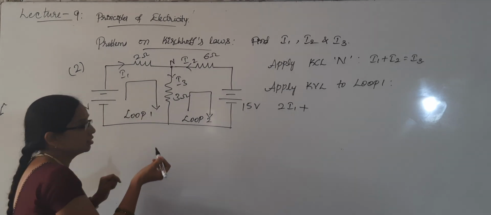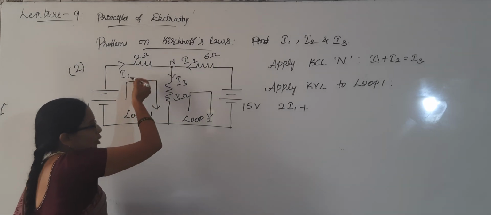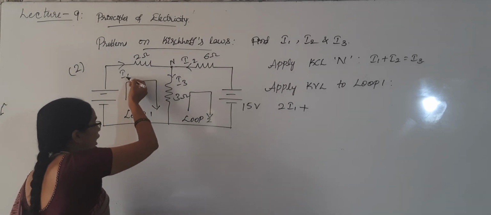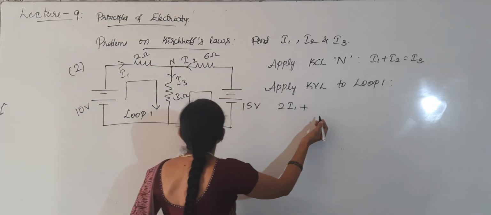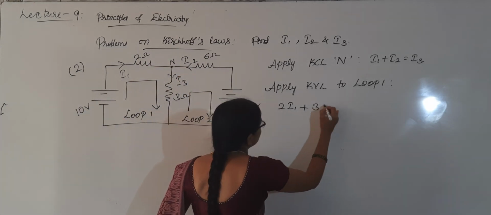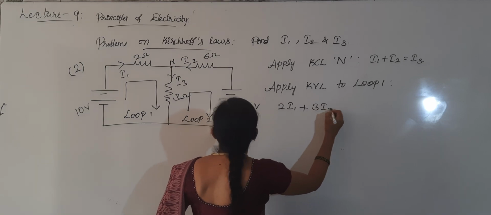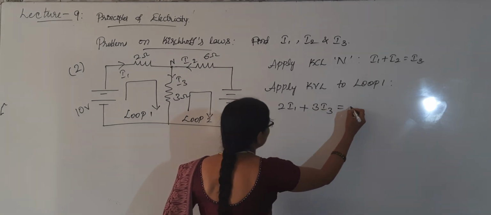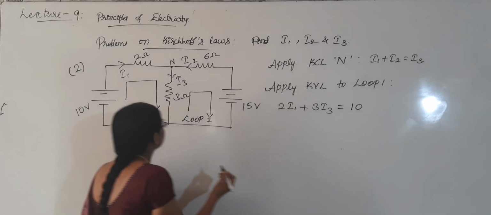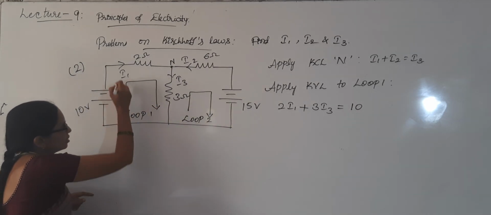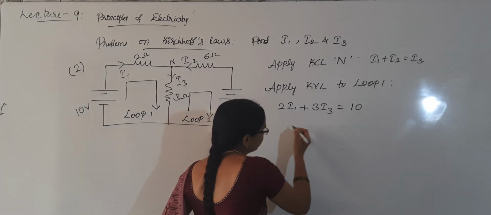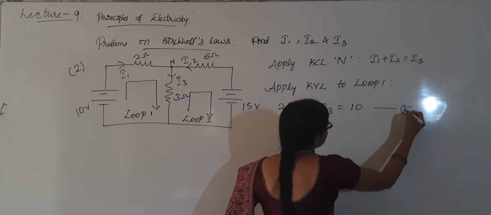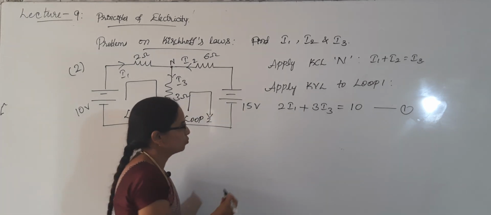You just go through the IR drops. R is 2 ohm, I1 we do not know, so put it like that only. 2I1 plus 3I3 is equal to 10. We are moving in this direction, so the EMF will be considered as 10. Call this equation 1.